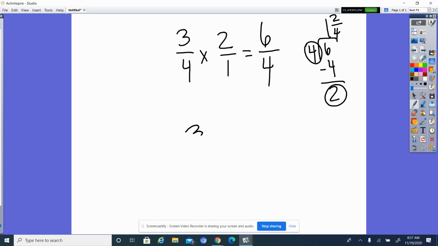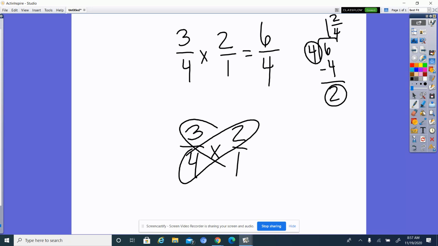Let's cross cancel. Is there anything between those two numbers or those two numbers that can be divided out? Between 4 and 2, there's 2. Both 4 and 2 can be divided by what? 2. 4 divided by 2 is? 2. 2 divided by 2 is? 1. 3 times 1 is? 3. 2 times 1 is? 2.